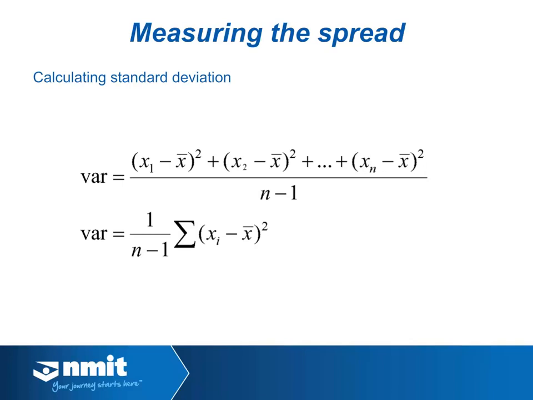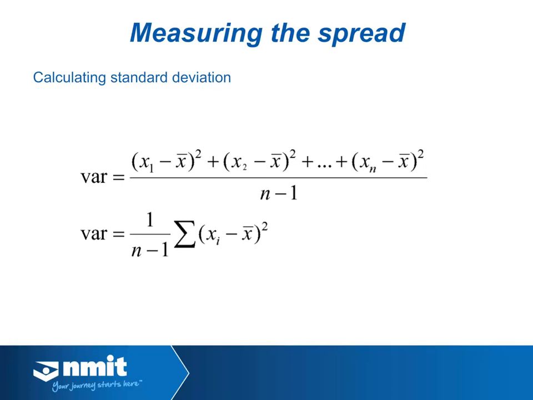You get each data point in the data set, subtract the mean from it, and square that difference. So here we have it represented at the top of this fraction. So x1 minus the mean, we know that's the mean, in brackets, so we do that difference and then square that value. Then we add that to x2 minus the mean squared all the way through, and we divide by n minus 1.